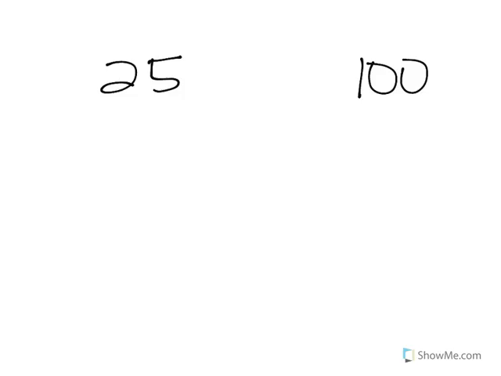The reason prime factorization is important is because we can use those skills making factor trees to find the greatest common factor between two numbers. So what we would do for this is when given two numbers and asked to find the greatest common factor, we have to start by making a factor tree for each of the numbers. So 25 is 5 times 5.